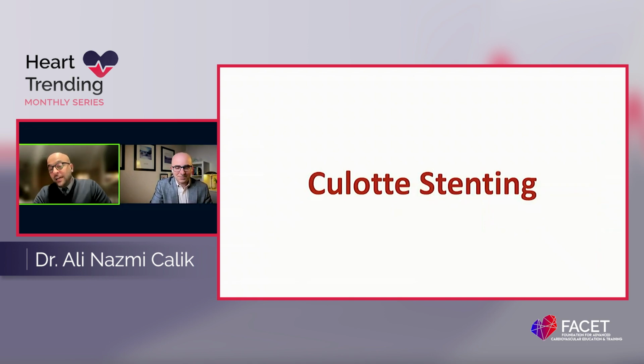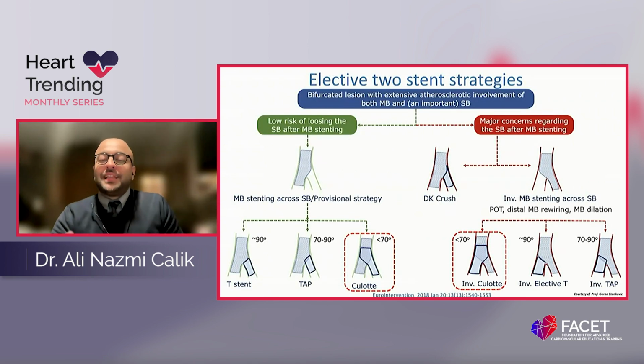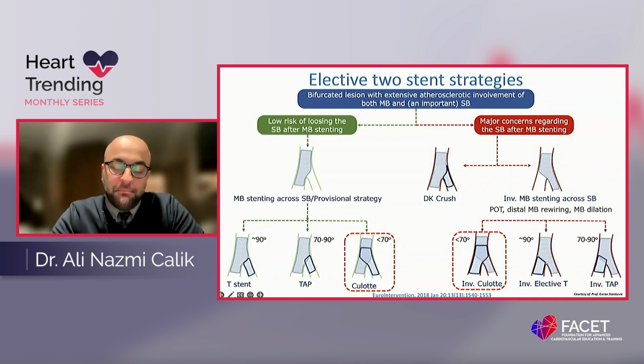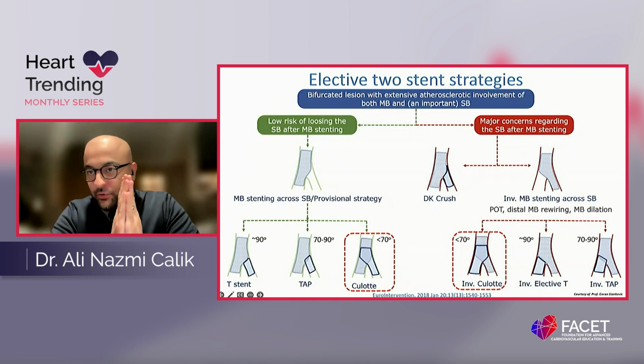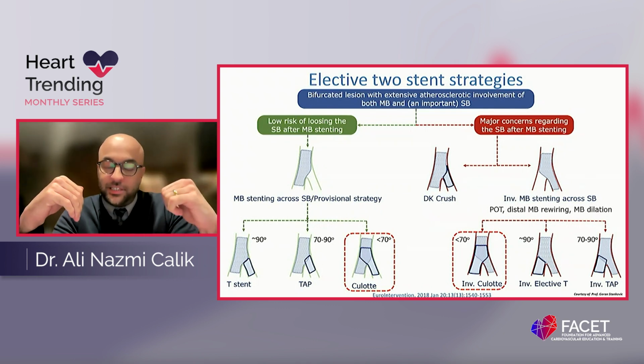Thank you so much. Culotte stenting, which is one of my favorite stenting techniques, is really important because it is a flexible technique at the end of the day. It is slightly different from the TAP because in the culotte technique, we need a narrow angle and a similar sized side branch and main vessel distal.